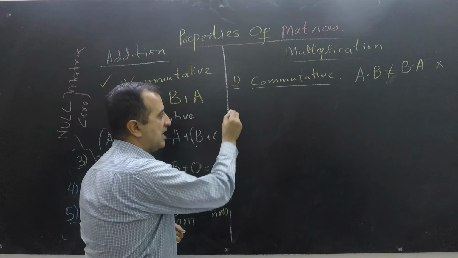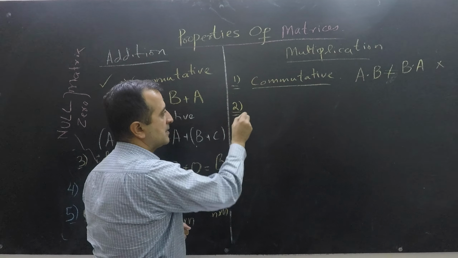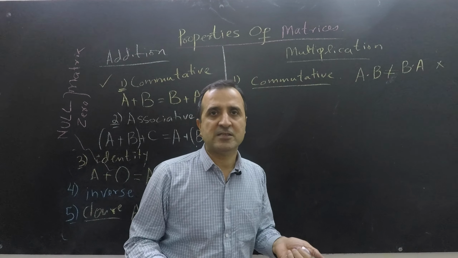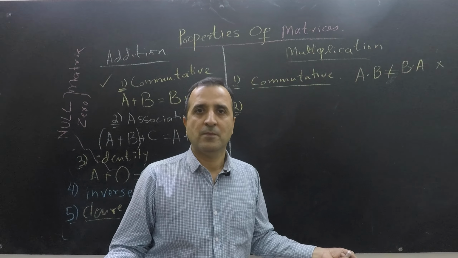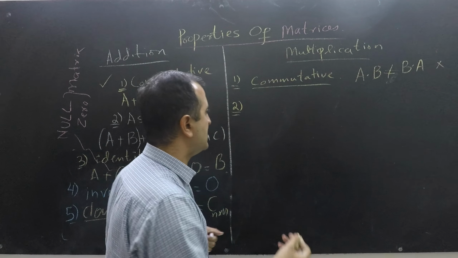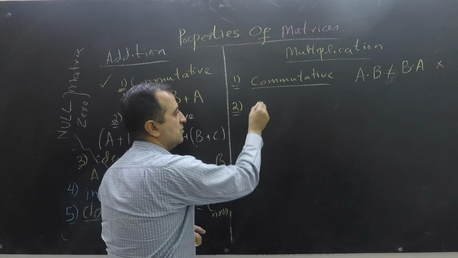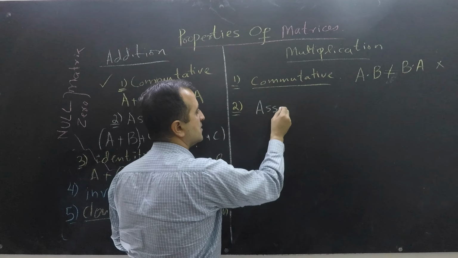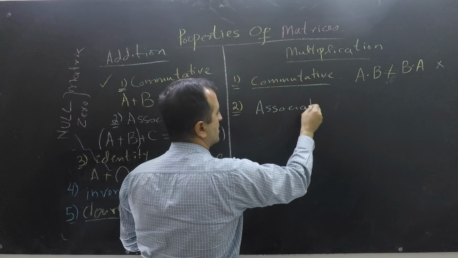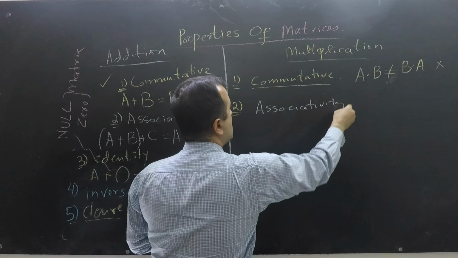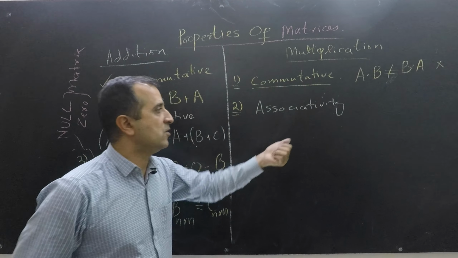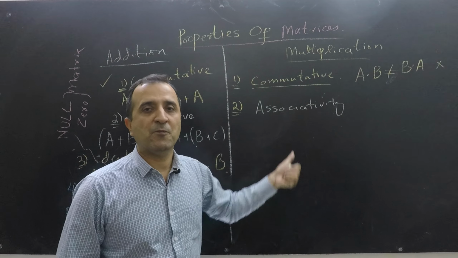The second property that we have is associativity. Associativity was about changing the brackets. And this property also holds in case of multiplication.